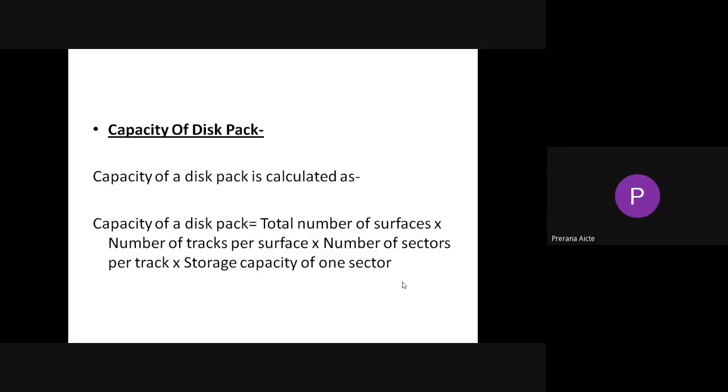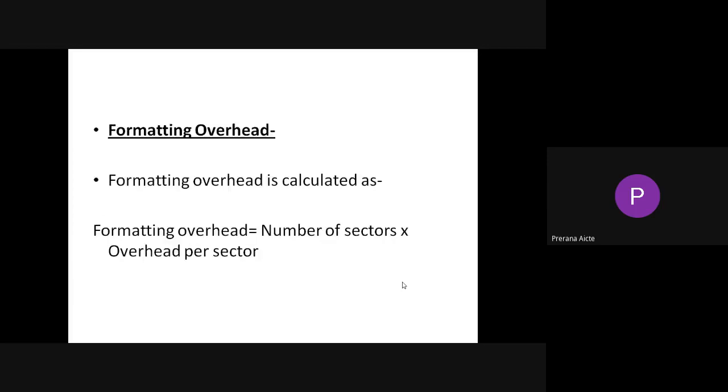Each magnetic disk consists of surfaces, each surface consists of tracks, and each track consists of sectors. And next one, formatting overhead. Formatting overhead equals number of sectors times overhead per sector.